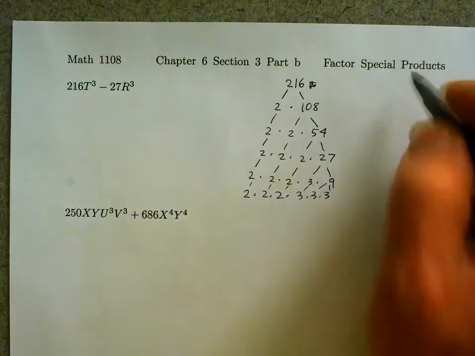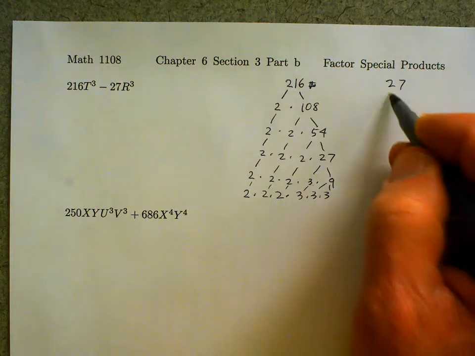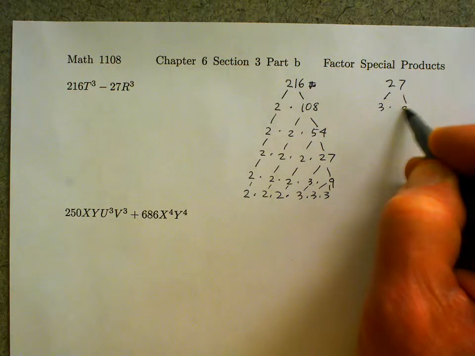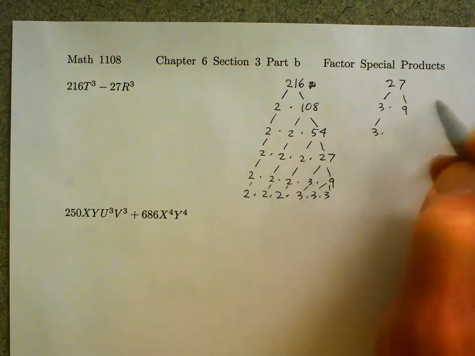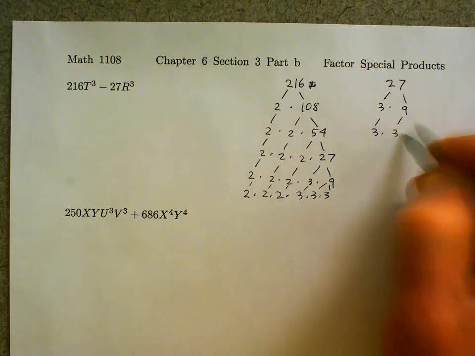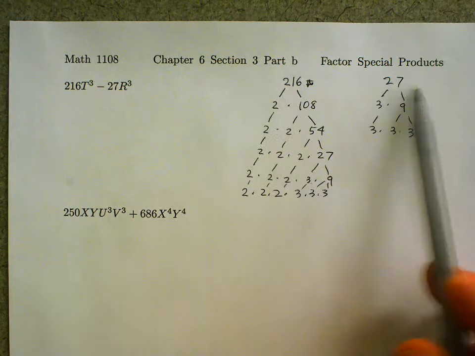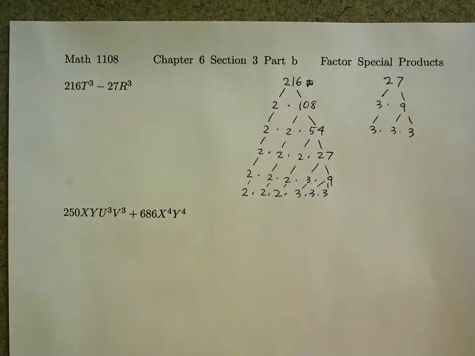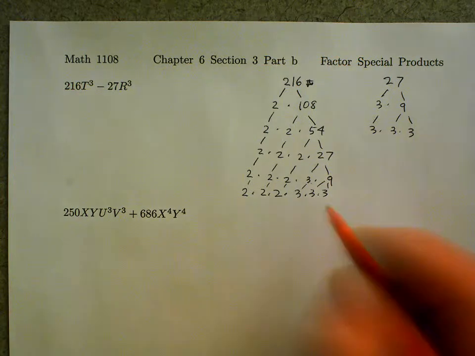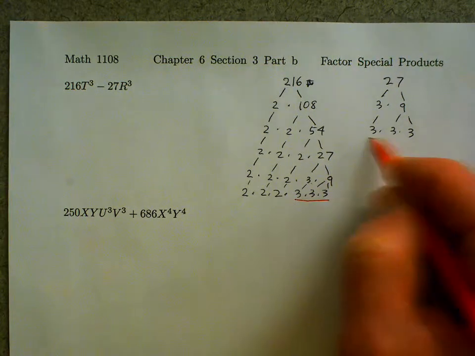And then 27, this is 3 times 9, or 3 times 3 times 3. So the greatest common factor of 216 and 27? 27, yeah. 3 factors of 3.